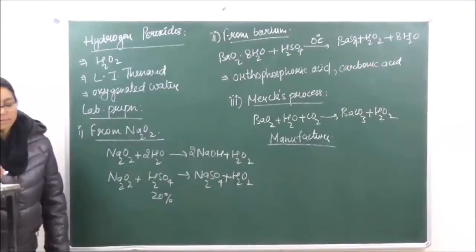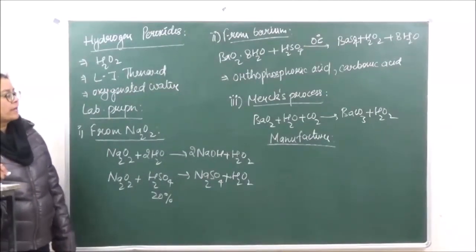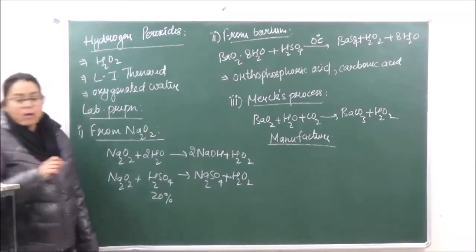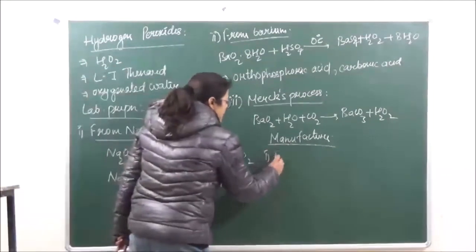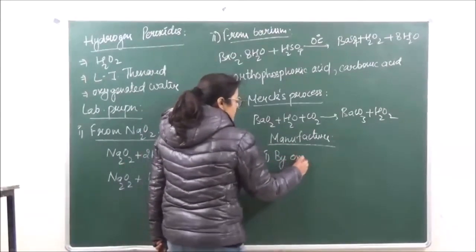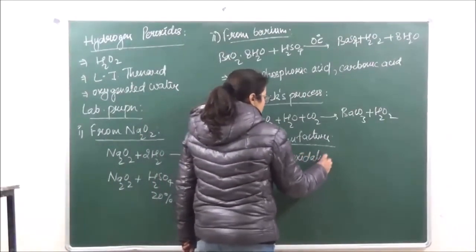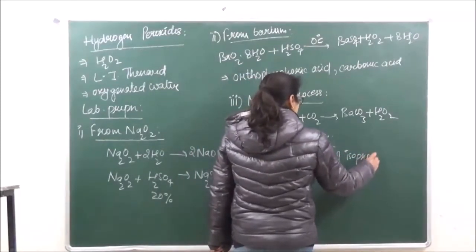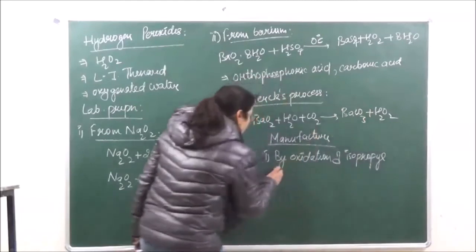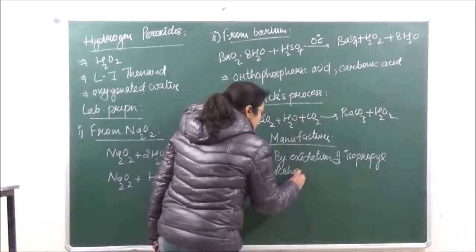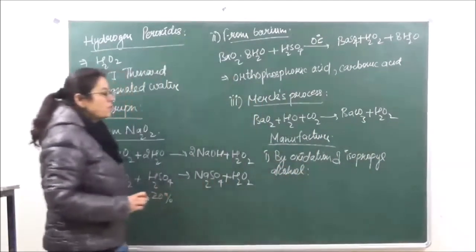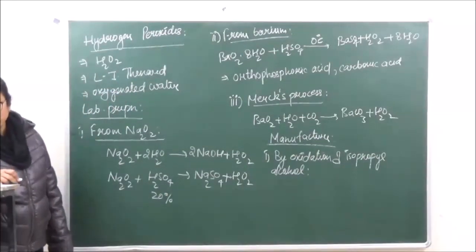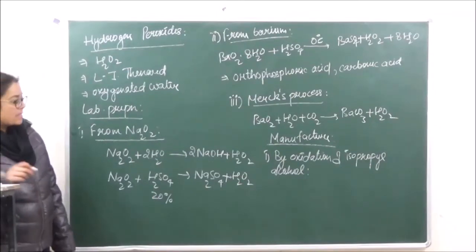Then we go on to the manufacture of H2O2. Now the manufacture means that we are going to prepare H2O2 on a large scale. So when we are doing the manufacture, the first one is by oxidation of isopropyl alcohol. So we are oxidizing isopropyl alcohol, the reaction taking place at 70 degrees Celsius.